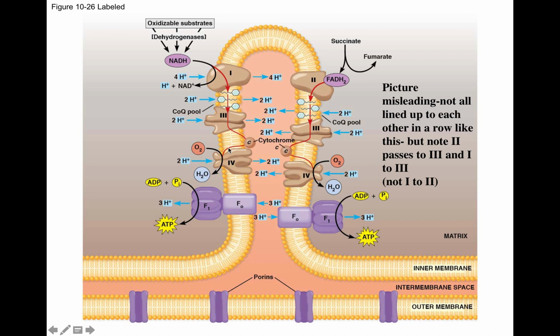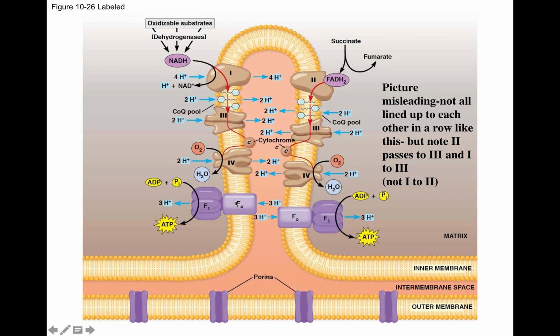As it is doing this, protons are moving through these complexes from the matrix into the intermembrane space, creating a gradient, which will cause high proton concentration to go to low proton concentration.